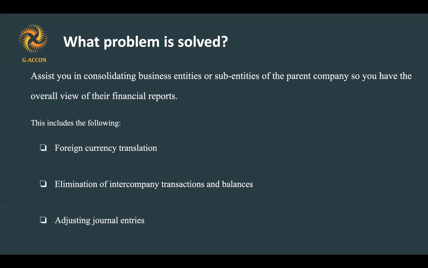Another thing we introduced: our reports can create data month by month, on a monthly basis, and now you have the ability to apply a different currency rate for each and every month's period. This is a cool feature that will be available on Monday. And definitely there is elimination of intercompany transactions and balances, and adjusting journal entries. This is a nice feature, which is part of the consolidated report solution.